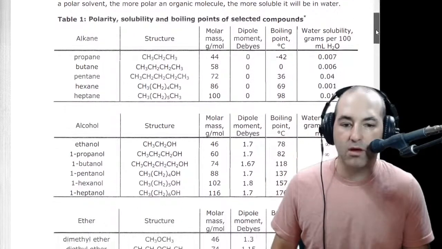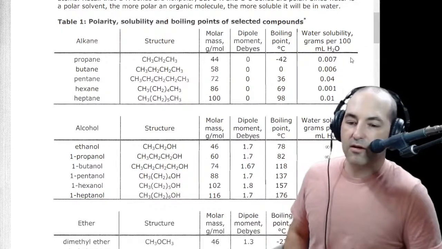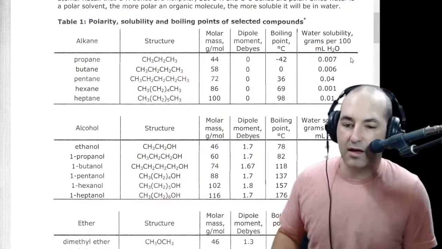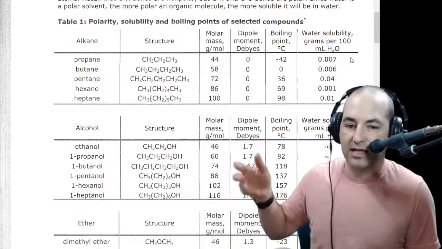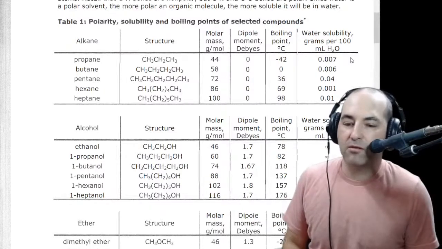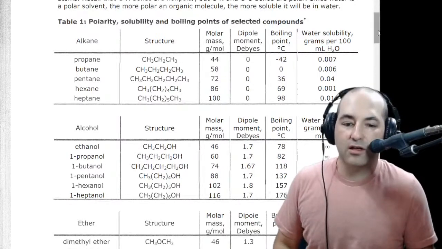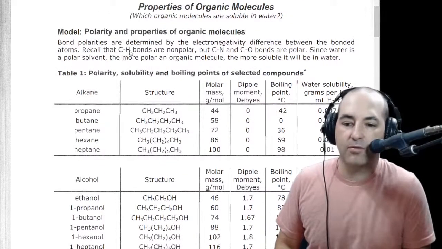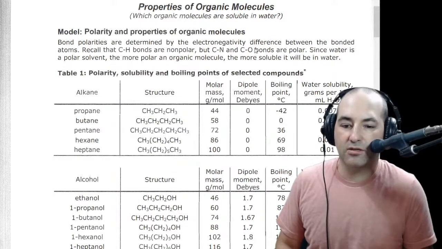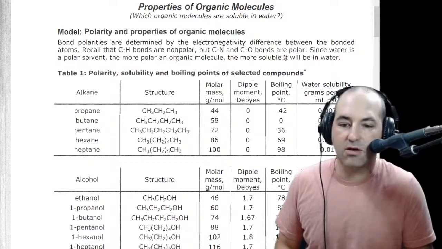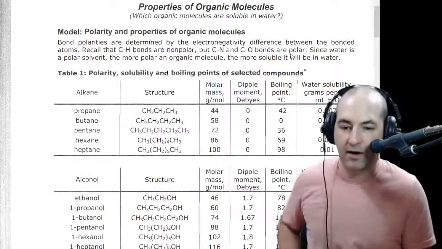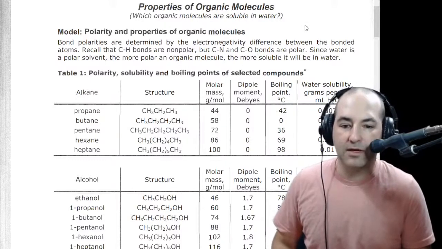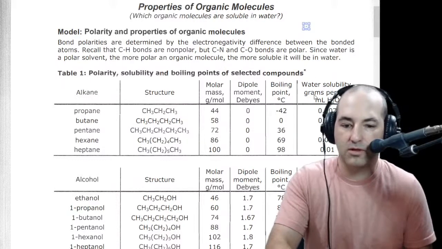Okay. So much like the ones we've seen in the past, there is some general data here without too much context. There is a little bit of information in the top here. Bond polarities are determined by the electronegativity difference between the bonded atoms. Recall that CH bonds are nonpolar, but CN and CO bonds are polar. So we're going to stop there and kind of talk about what that means.